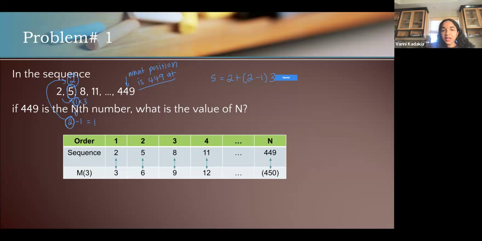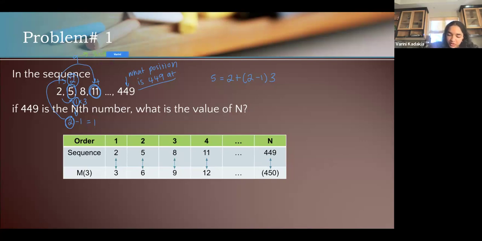Okay, so now let's try it with 11. What is the position of 11? 4. Okay, so how much do we add to 2 to get 11? 9. Yeah. How else can we represent 9? We can represent 9 as 3 times 3, right?